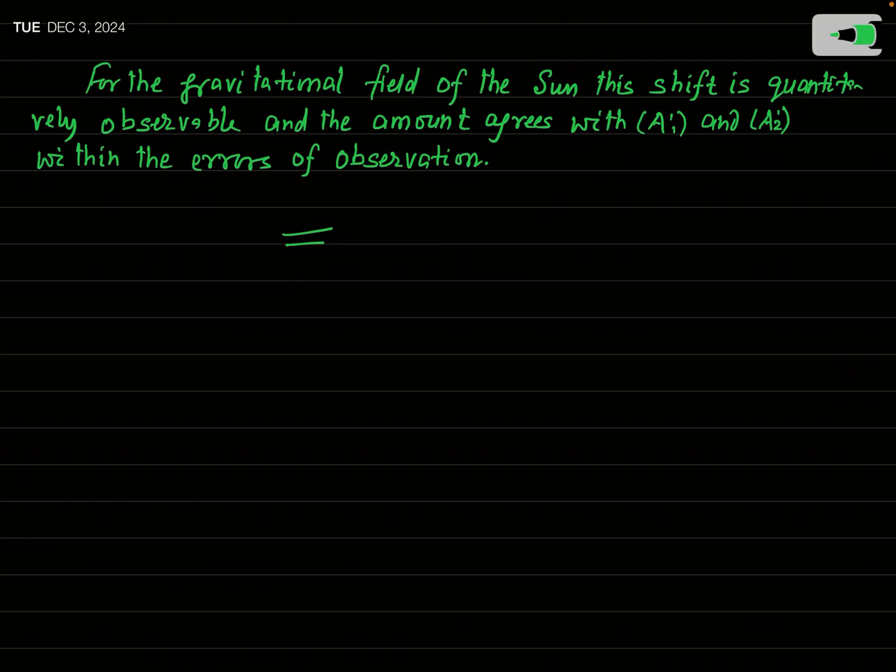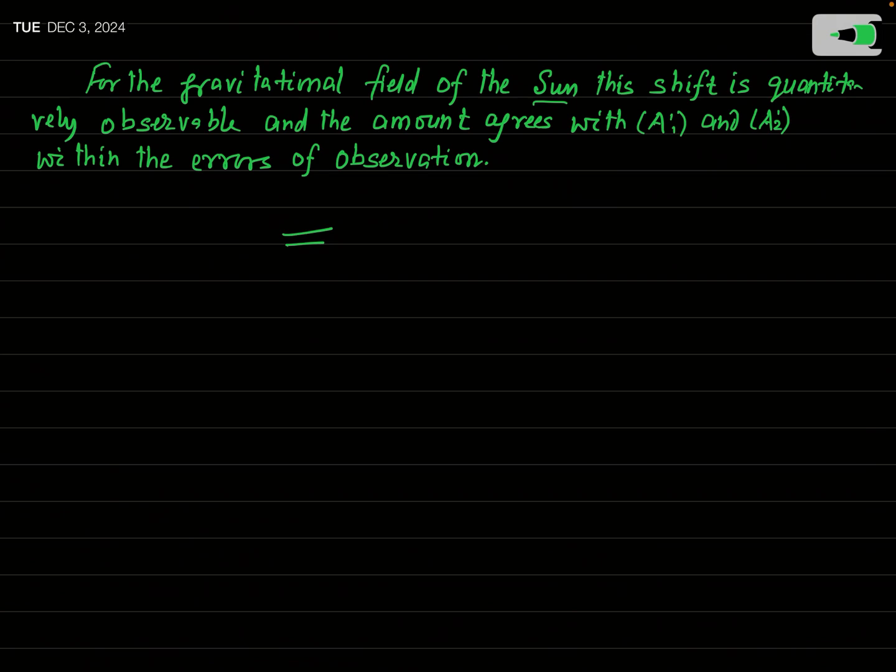This has been tested for the gravitational field of the sun, and it is found that these shifts predicted by Einstein's theory are in accordance with our experimental results.